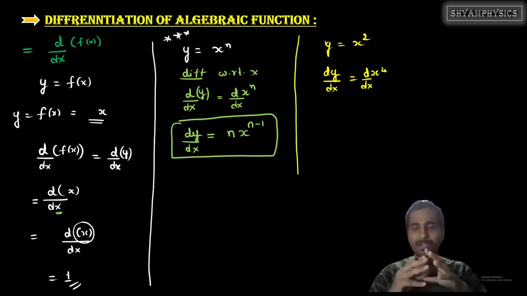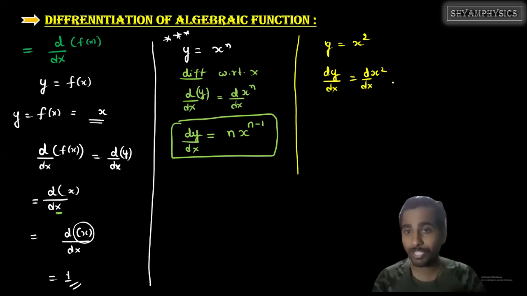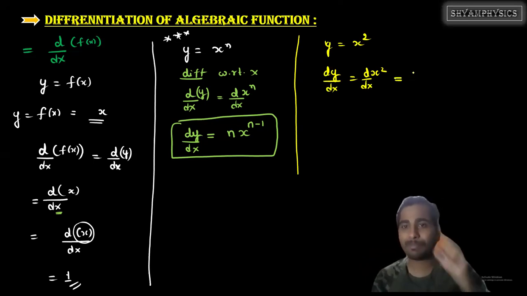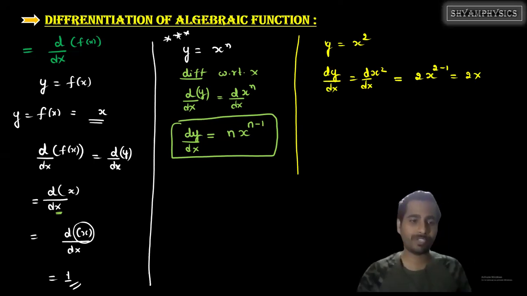Now look, in which format it is? x to the power n. So what all you need to do? Simple. First shift the power 2 and write x to the power n minus 1, means 2 minus 1. So what will be your answer here? 2x. Correct? This is how you need to give the answer.